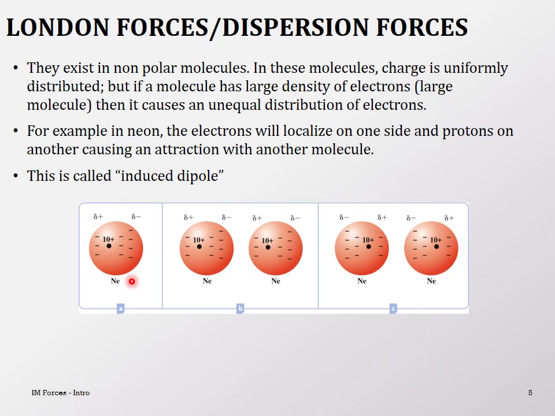When it approaches another atom of neon, there is an internal dipole. Because the atom is so large, the negative charge tends to localize at one place and the positive in another place. So you start having delta positives and delta negatives within an atom. So when you have a large atom, this is what happens.